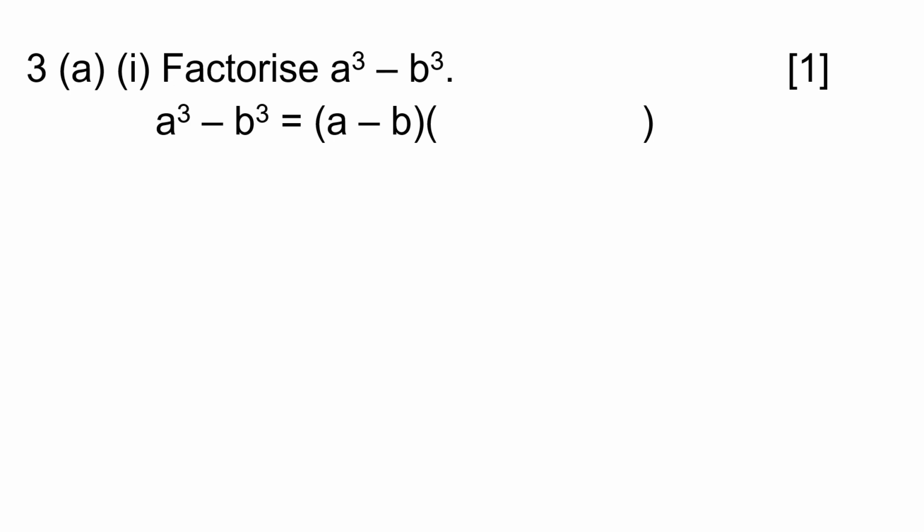The first bracket is simply a minus b. The second bracket is a squared plus ab plus b squared. Notice there is no 2 in the middle term.